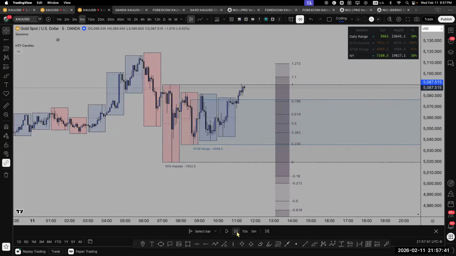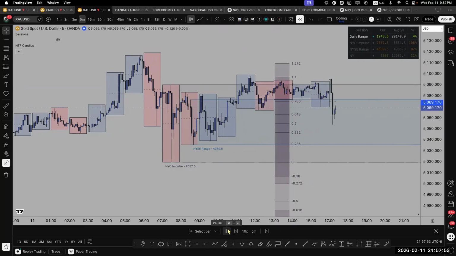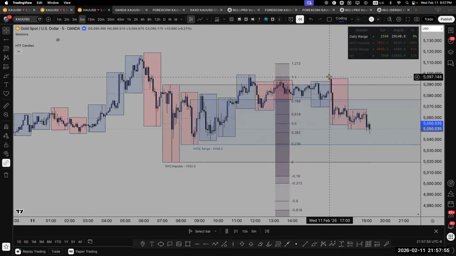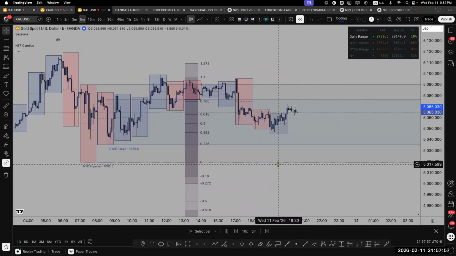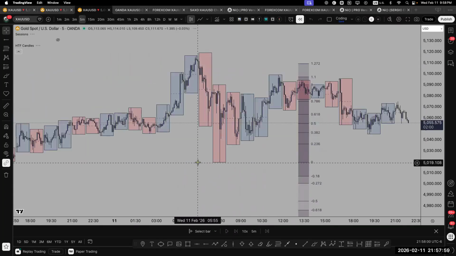So if I continue hitting the play, the price reaches the 1.1, the liquidity area of that impulse, goes back and does a double top, triple top. There it goes. It finally touches it over here. And then it comes back down. Okay.